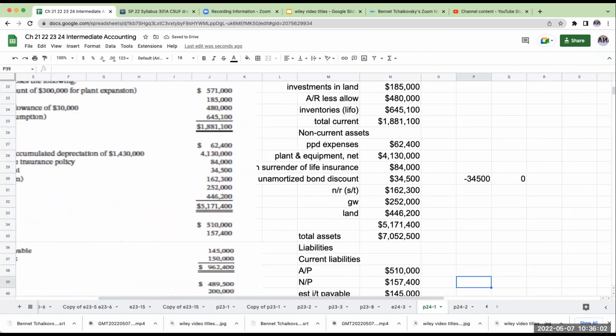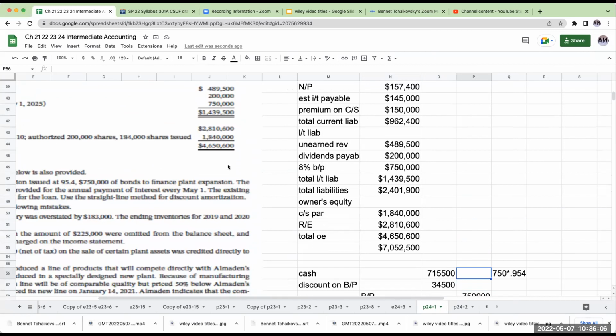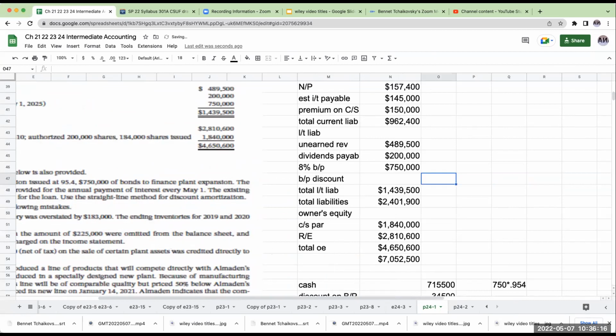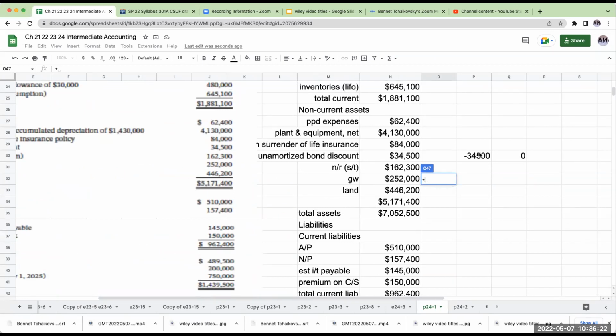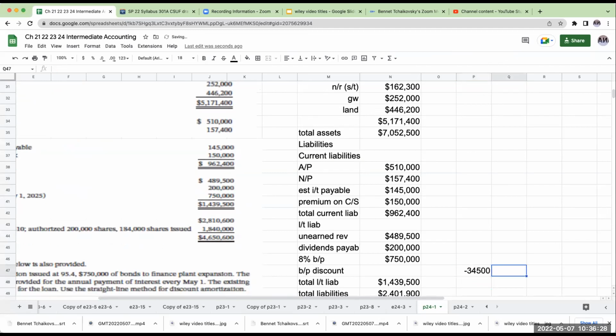And so this unamortized bond discount is going to need to go down over here with the 8% bonds payable. So this is going to need to go over here, and this will be showing up as a negative amount. Okay, so I'm showing this up as a negative amount.